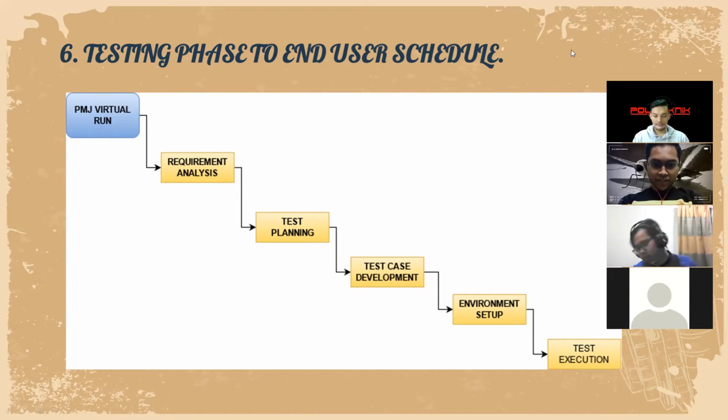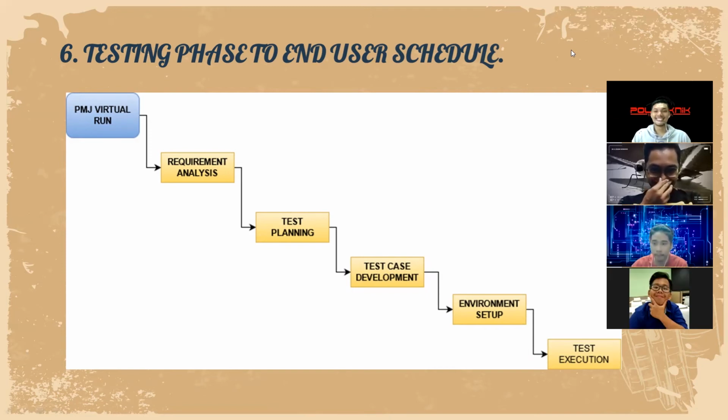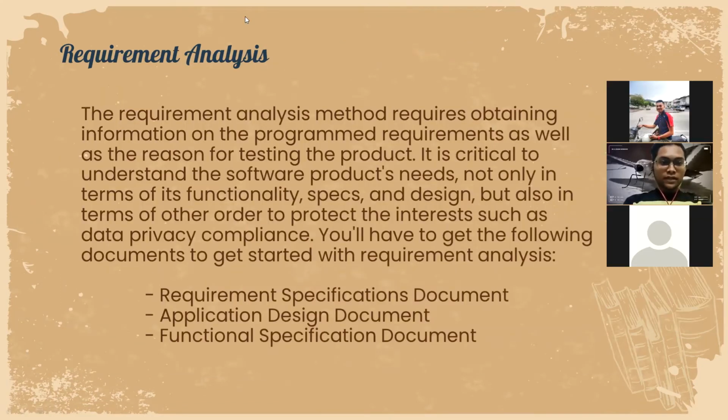Next, environment setup, and the last one is test execution. Next is requirement analysis. The requirement analysis method requires obtaining information on the program requirements as well as the reason for testing the product.